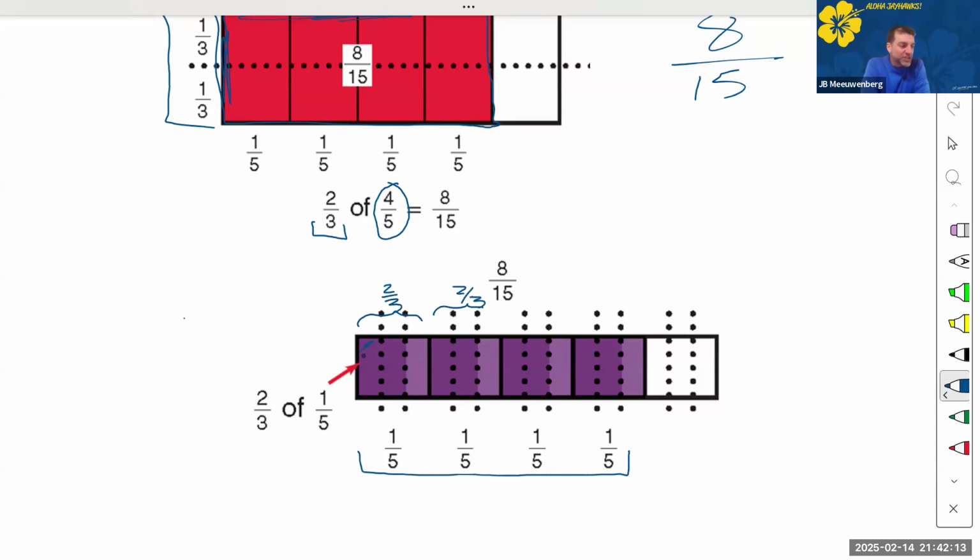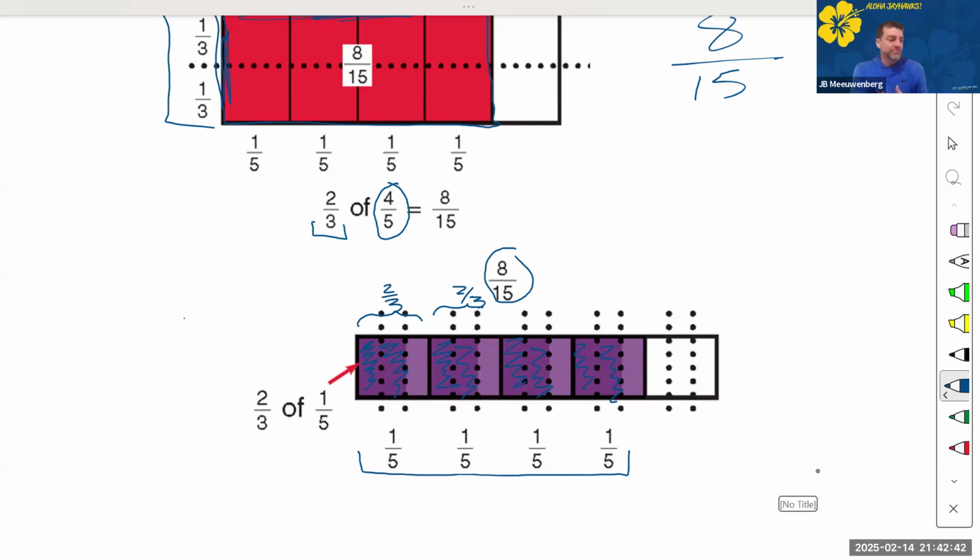And you can see these darker shaded purple sections here and here, here and here, here and here, and here and here. And then we count them. We've got 8 total dark purple shaded in rectangles. 8 out of those entire 15 are shaded. So again, a couple different ways to look at the multiplication of fractions.